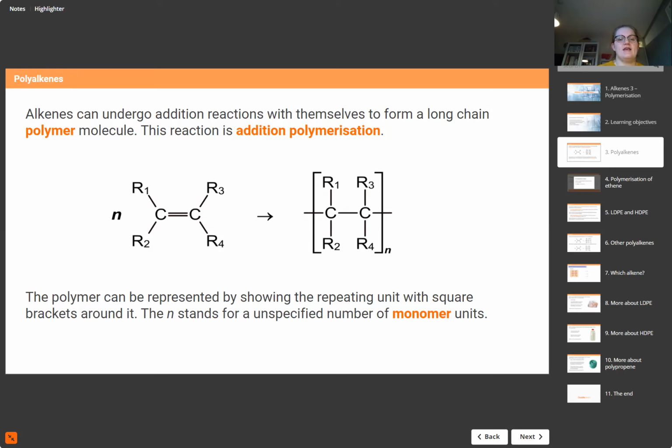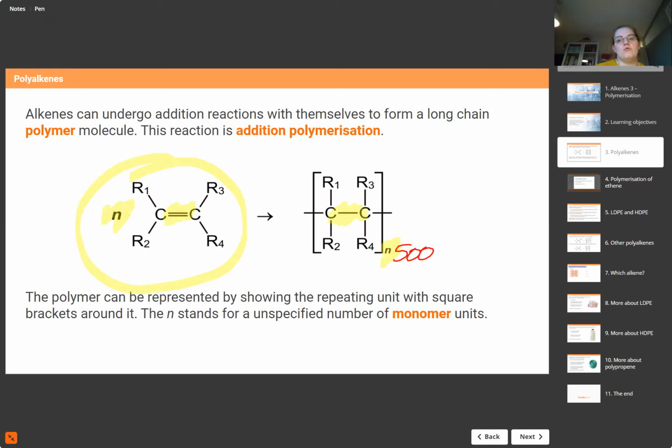This here is exactly the same as this there, and we assume everybody knows about that. We'll look at it in more detail, but n stands for an unspecified number of monomer units. So rather than an n there, you might have that unit and 500, for example, which could be repeated that many times.